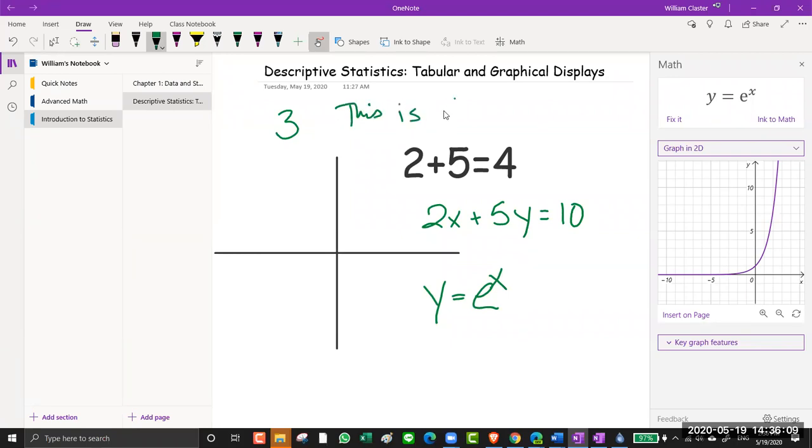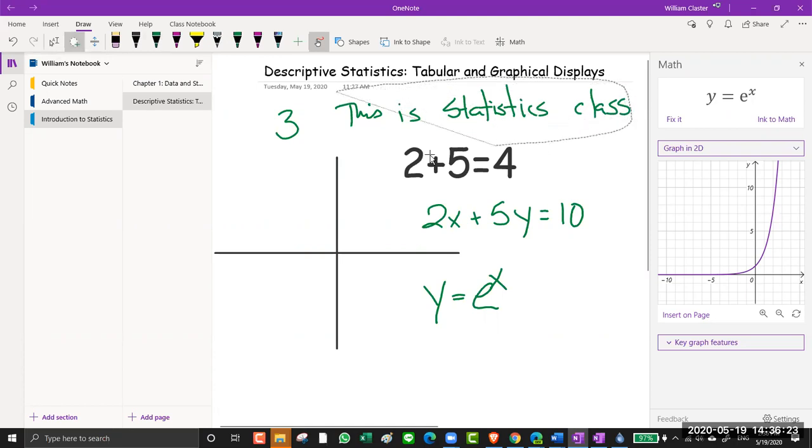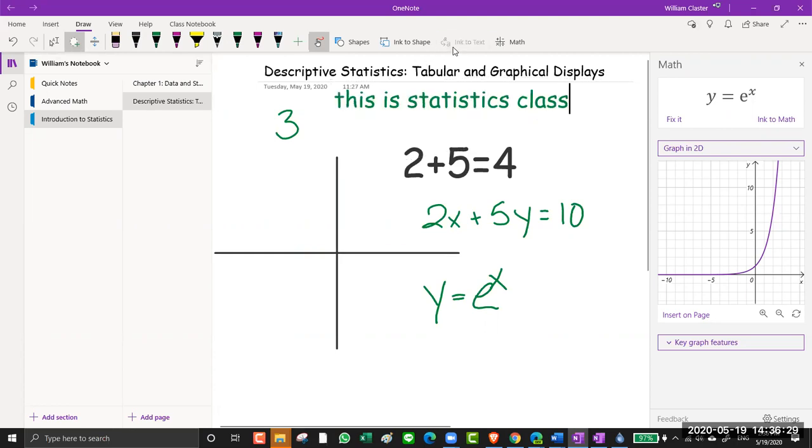This is statistics class. I don't think my writing is good enough. Let's see if it is. So if I circle it, and then go to ink to text. Oh, it worked. Okay, so it's pretty good.